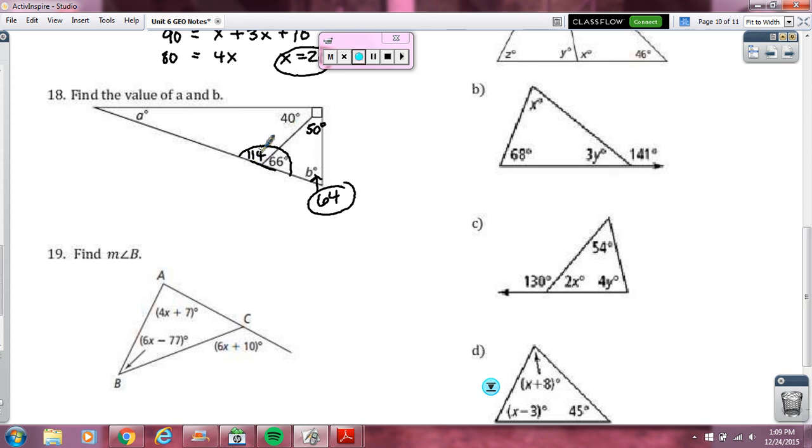And then I have 114, 40, and A that have to equal 180 together. I could write out an equation like that to talk about that triangle right there. So 180 minus 114, and then minus 40, I get 26 for A.